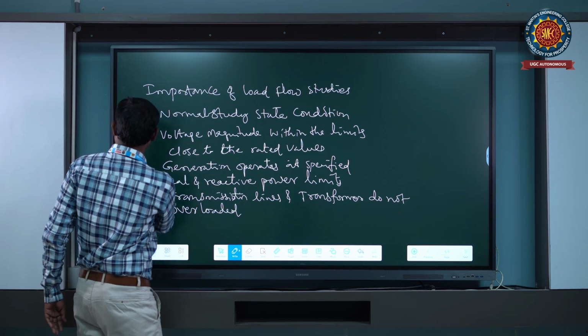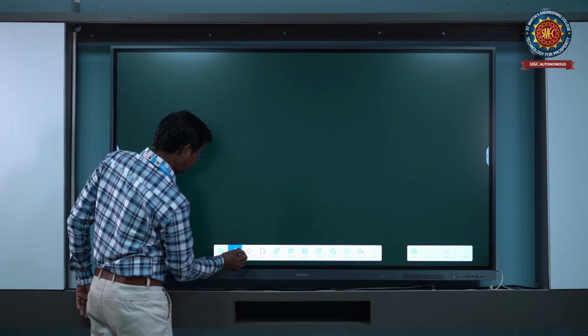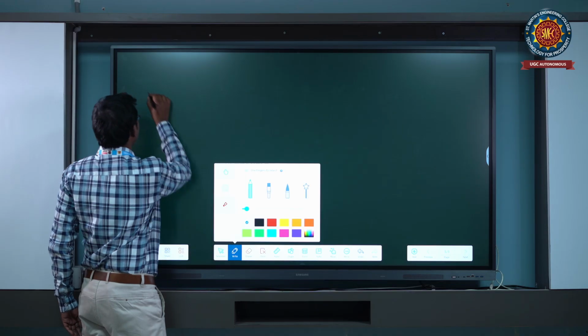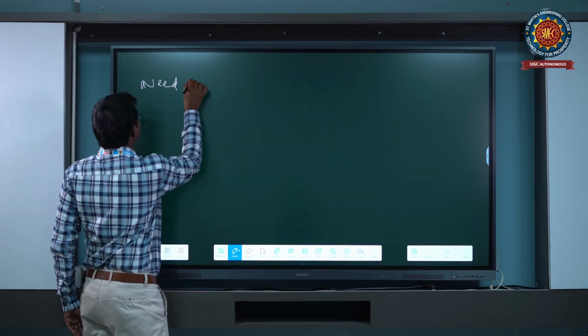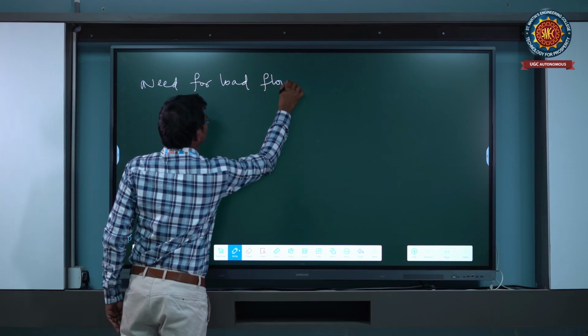Coming to the need for load flow studies.